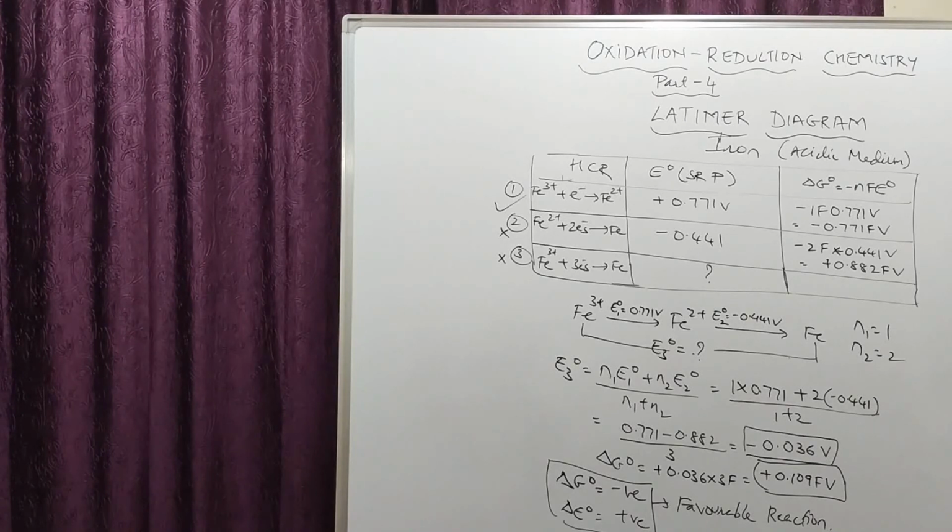And I went a step ahead: once I know the standard reduction potential values, I can also comment on the delta G naught value. And on the basis of delta G naught and E naught values, I am in a position to find out whether a particular reaction is favorable or not. Alright, so this is the basics of the Latimer diagram, my dear friends, and I am very sure you must have all understood this very well.